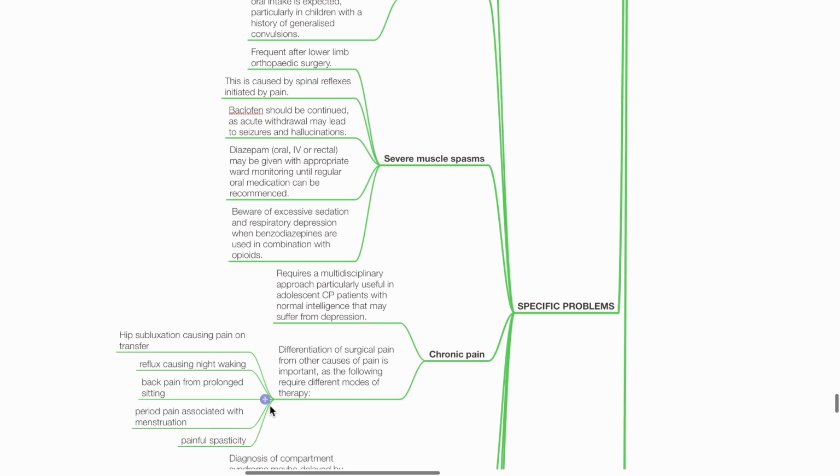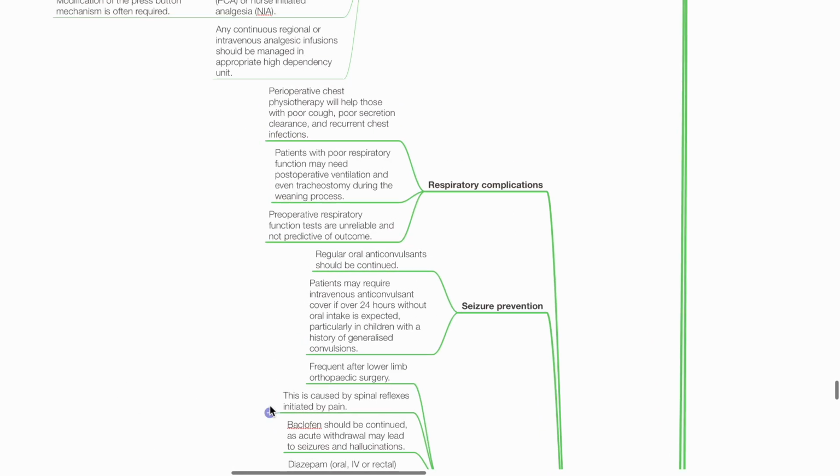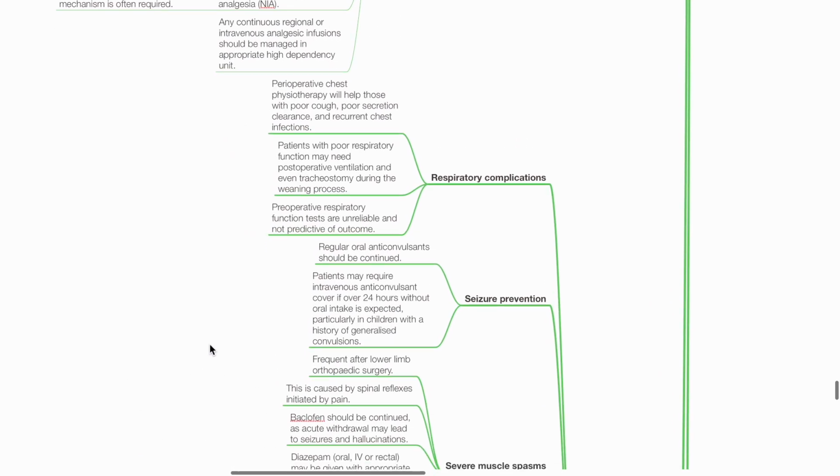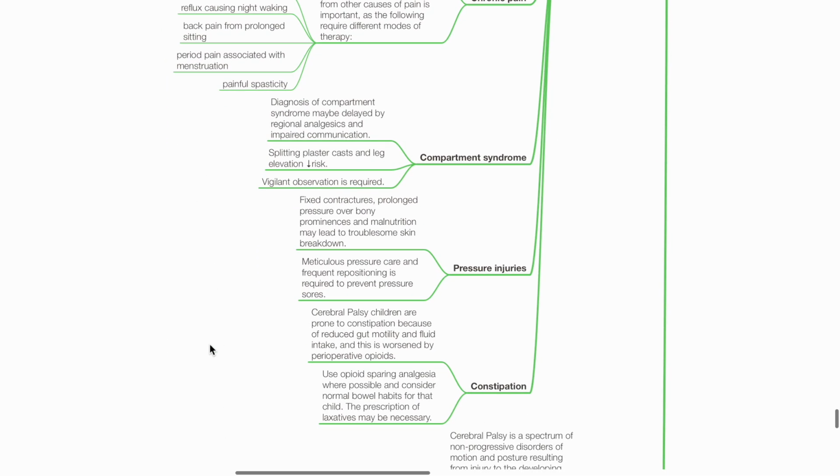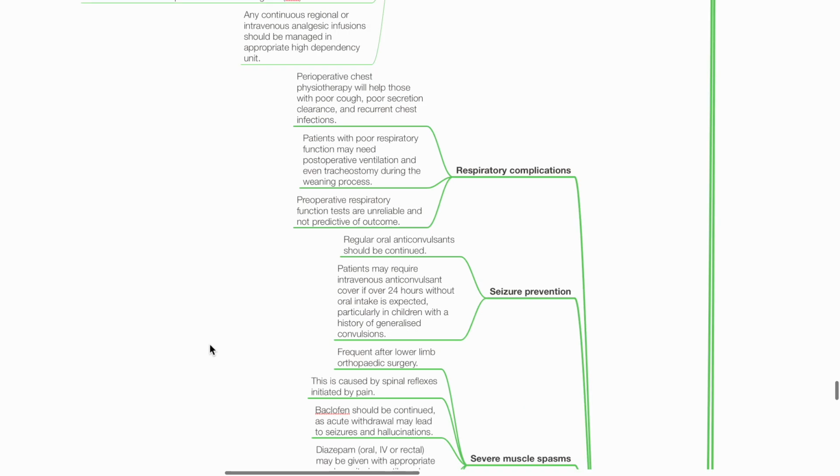Specific problems include respiratory complications, seizure prevention, severe muscle spasms, chronic pain, compartment syndrome, pressure injuries, and constipation. Regarding respiratory complications, perioperative chest physiotherapy will help those with poor cough, poor secretion clearance, and recurrent lung infections.